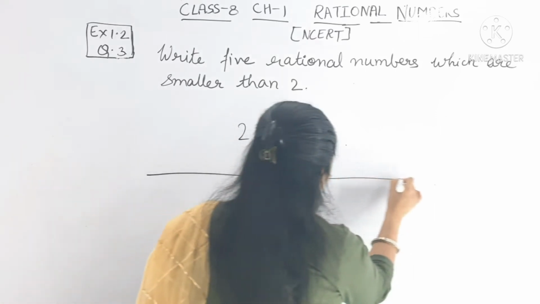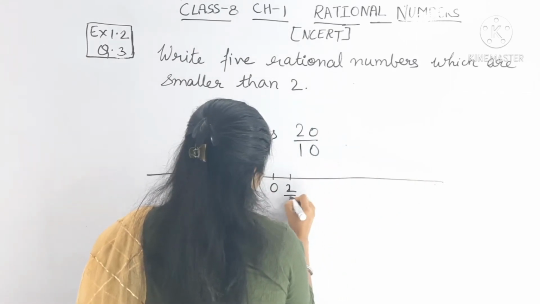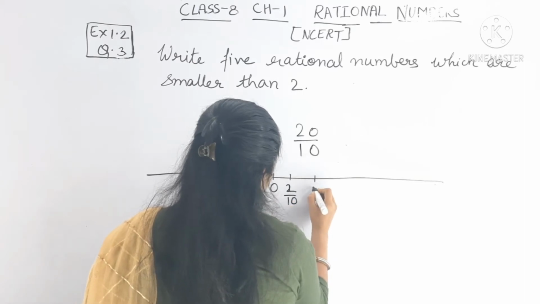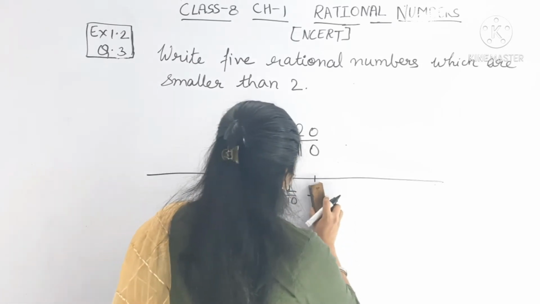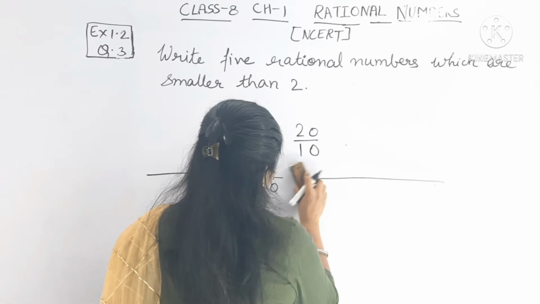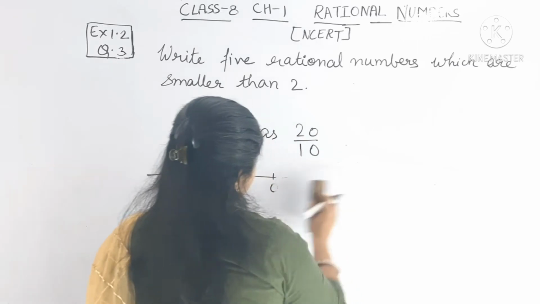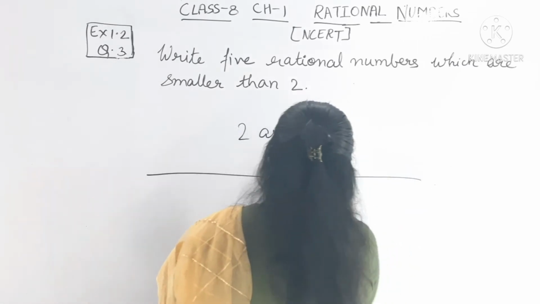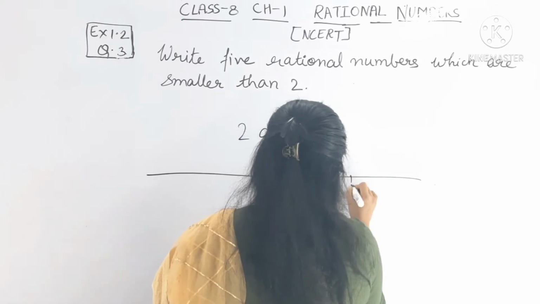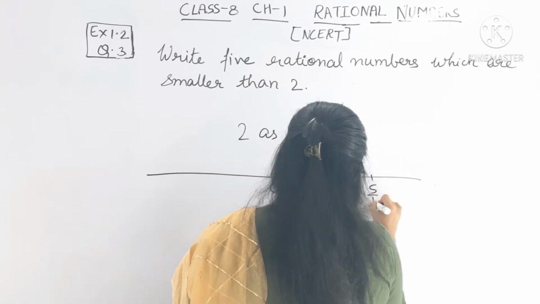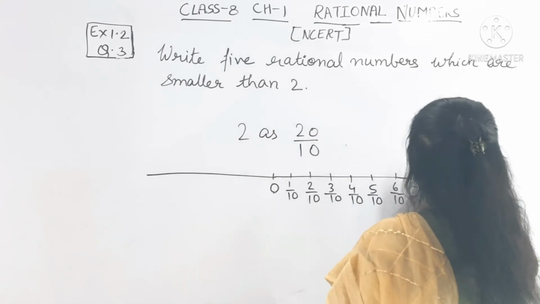So I am drawing a number line here. 0, 1 by 10, 2 by 10, 3 by 10, 4 by 10, 5 by 10, 6 by 10, 7 by 10.